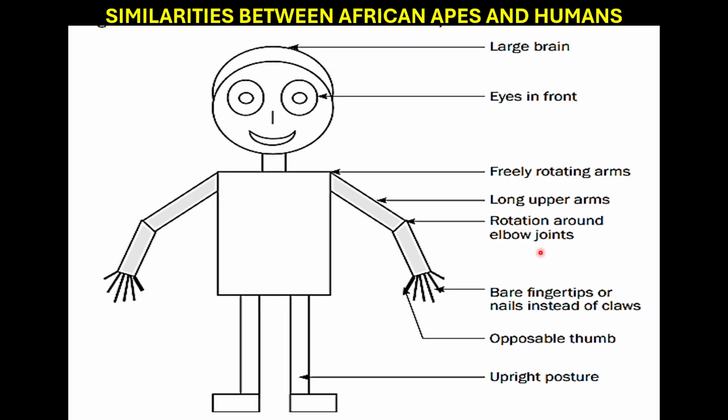Rotation around the elbow joints. We have bare fingertips or nails instead of claws. We have opposable thumbs, and then we have upright posture. So that is being bipedal. So that's the explanation for our similarity. That is the similarity between African apes and humans.